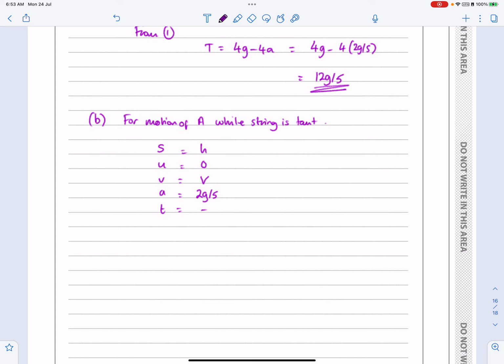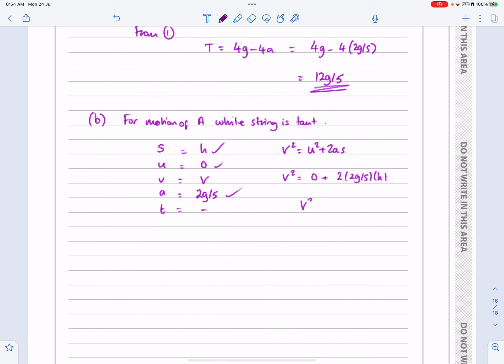Okay, that's a classic, as I've said previously, suvat question where I'm going to use s, u, v and a. So I'm going to use v squared equals u squared plus 2as. I've got those ones, and I want to work out what v is going to be. So v squared is going to be nothing plus 2 lots of 2g over 5 lots of h.